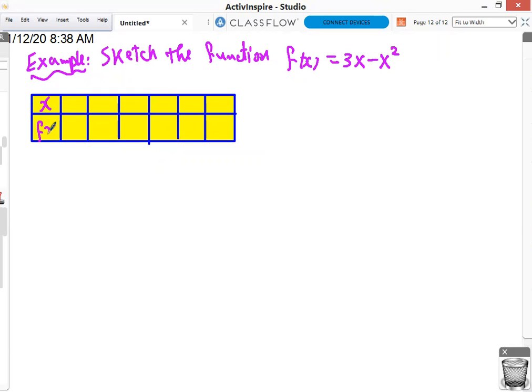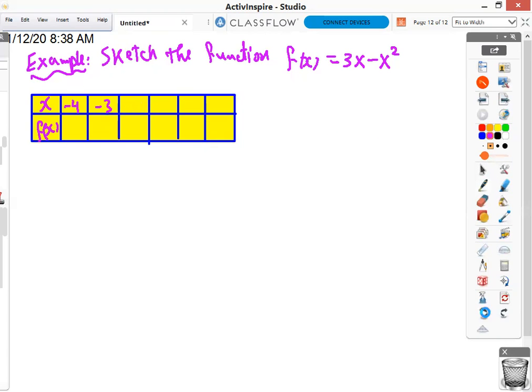Here is f of x. -4, -3, -2. I want to choose it another, sorry.